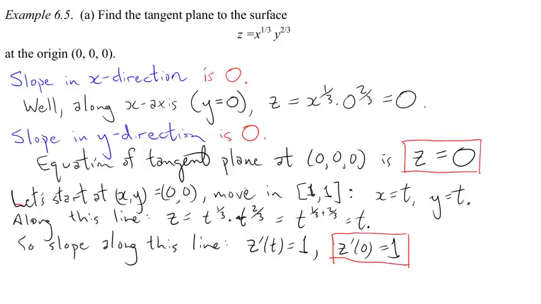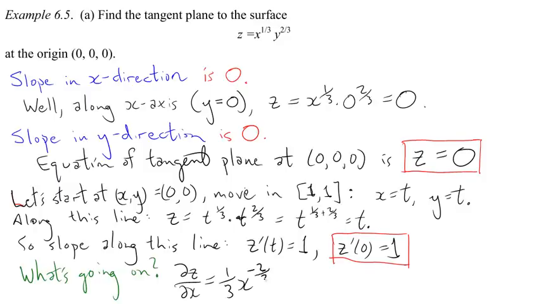So if you move in a different direction away from the origin, you get a different slope. Now what's going on here? Well, it's essentially this: if you take the partial derivative of z with respect to x, you get a 1/3 coming down, x to the minus 2/3, y to the 2/3. And if you plug in x, y equal to 0 here, you'll get something that's undefined.